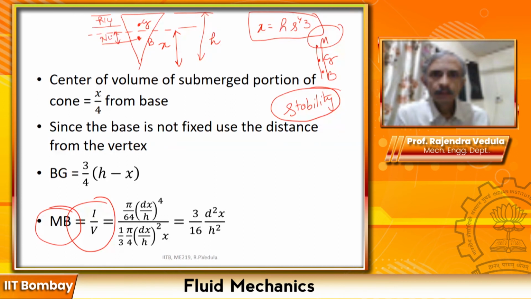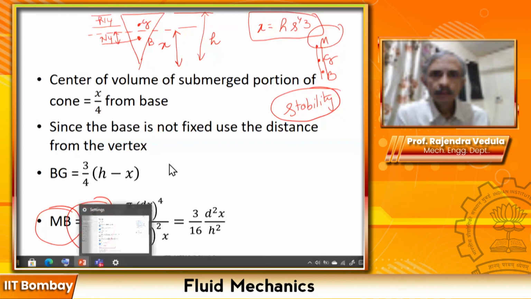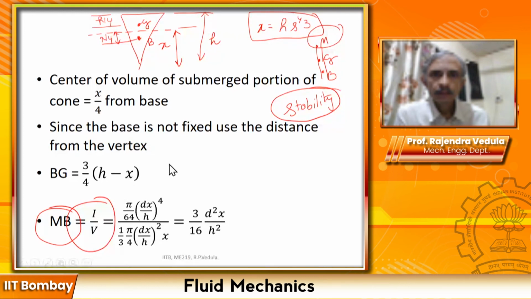We know the center of gravity of the cone is at h by 4 from the base, but what I want is this here.